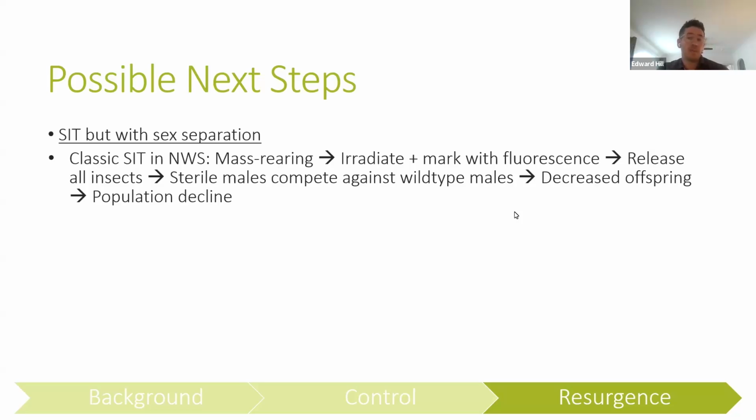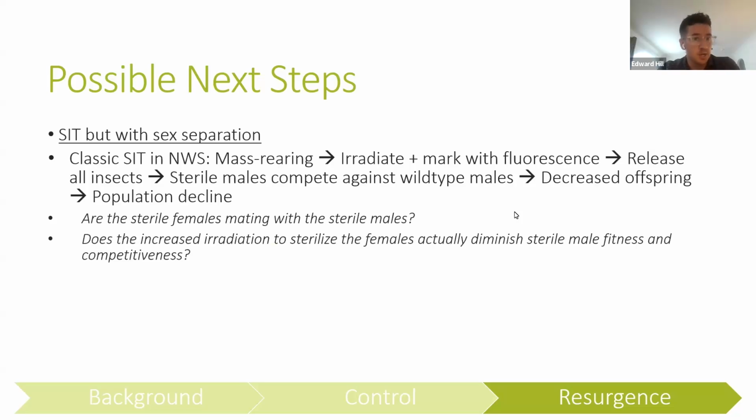But there might be some potential problems with this approach that haven't been addressed quite yet. Are the sterile females mating with the sterile males, leaving the wild type females to reproduce with wild type males? That's one issue. And then during the irradiation phase, we have to irradiate both sexes at the same time, and females require more radiation than the males.